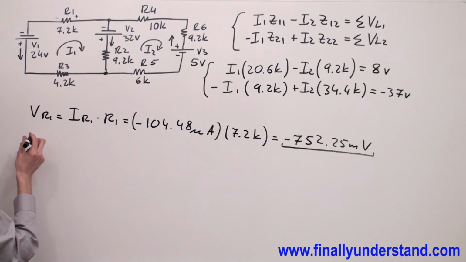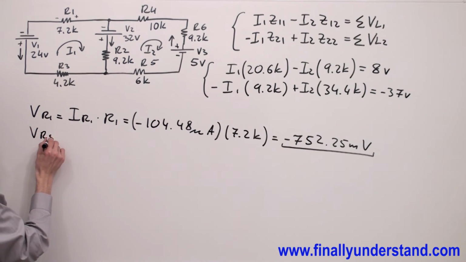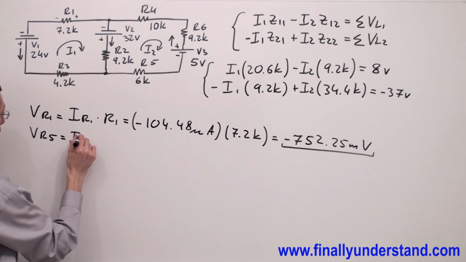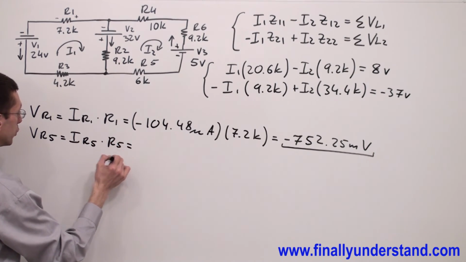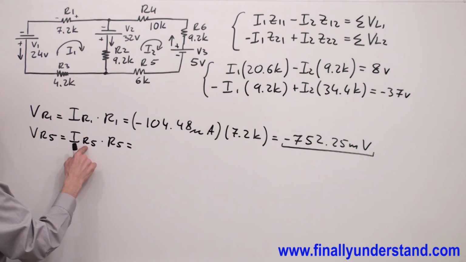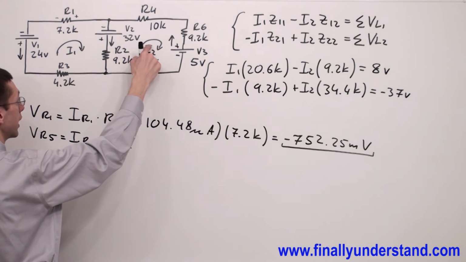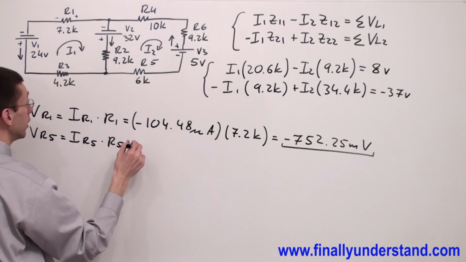Next, we're supposed to find VR5. VR5 is IR5 times R5. But we said that IR5 is equal to I2, because this current is going to go through resistor R5.